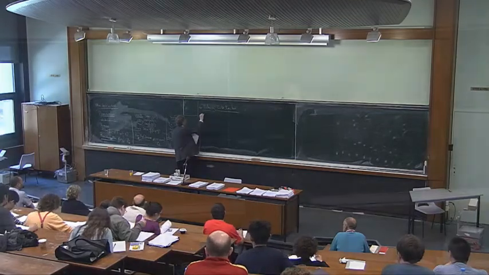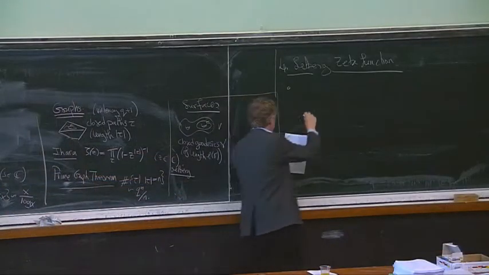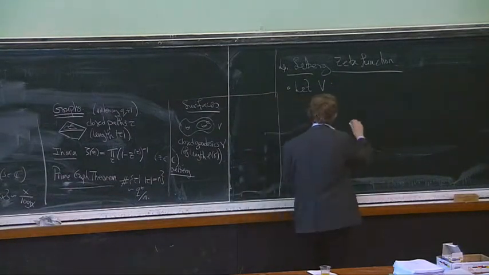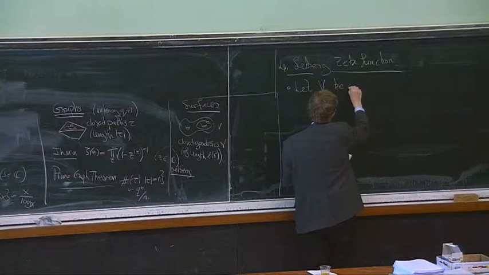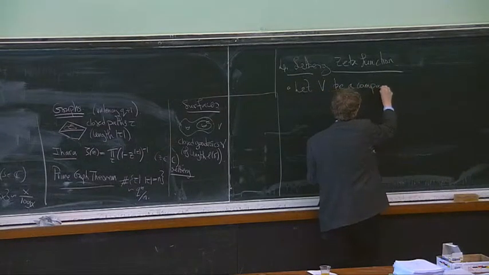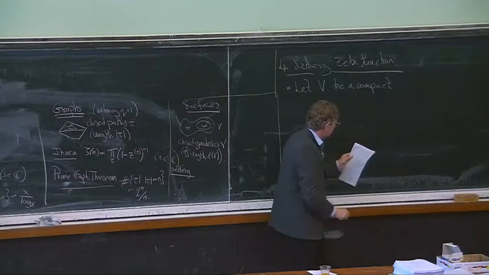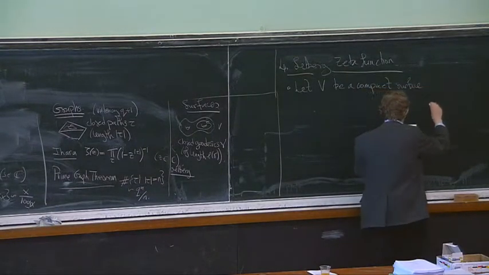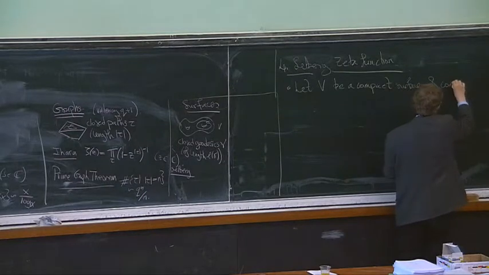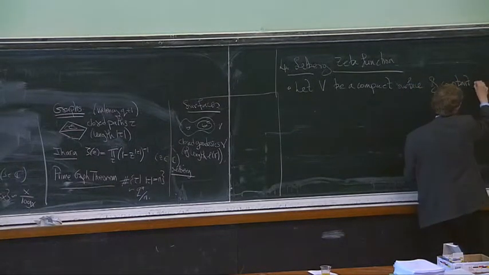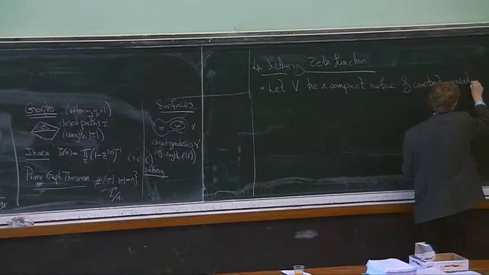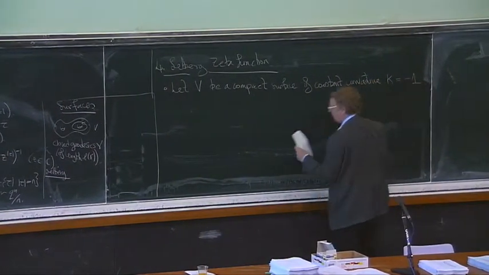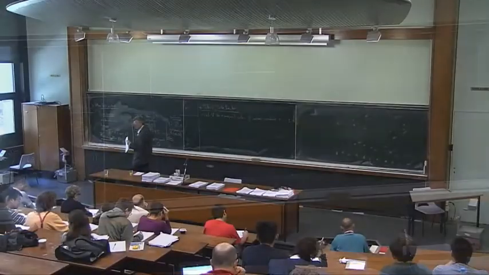So the context I'll consider for simplicity is the following. I'll let V, this guy, be a compact surface. It's actually a Riemann surface, but let me just say surface for the moment, of constant curvature kappa equal to -1. So that's my hypothesis on this surface.